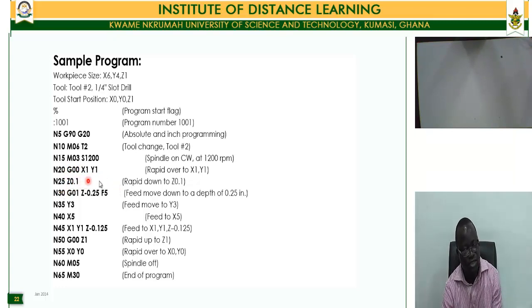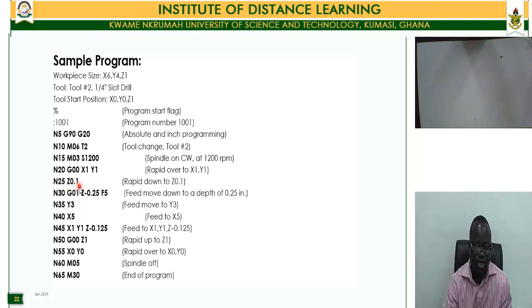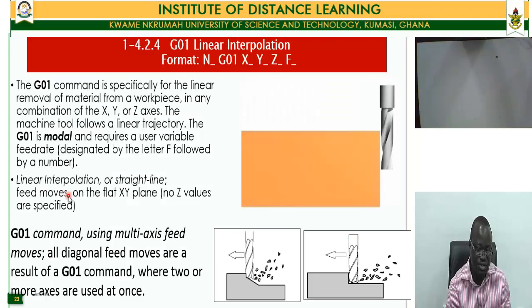Okay, so next we look at the next command, which is G01. G01 is a linear feed or linear interpolation, and the format is you give the line number, you give the command G01, then you give the final coordinate designation X, Y, Z. Whatever values you have for the X coordinate, Y coordinate, and Z coordinate, you put them there.